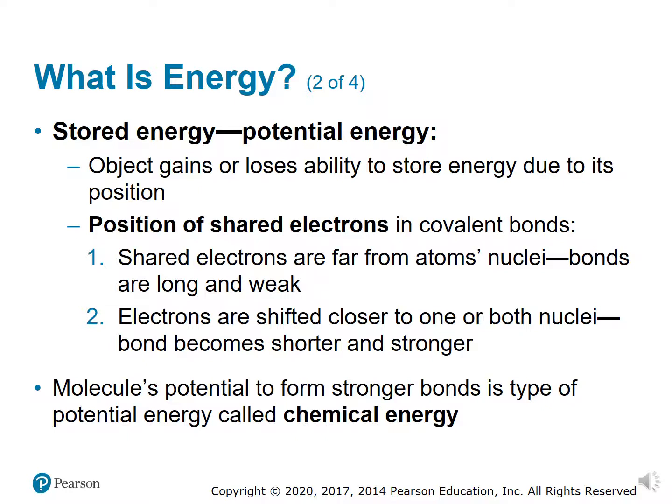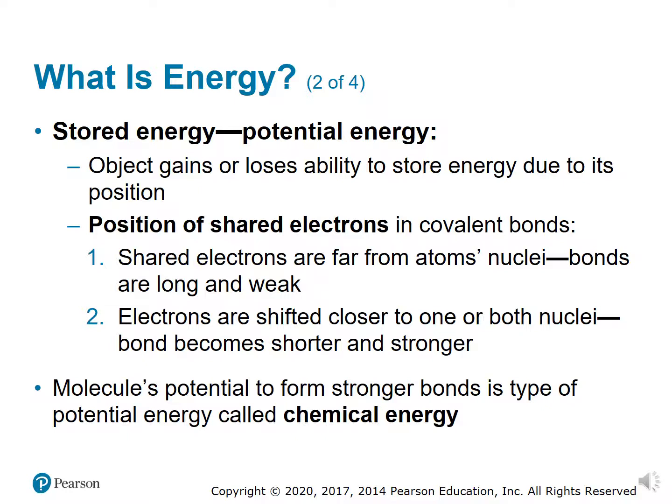Potential energy, objects gain or lose ability to store energy due to their position. For example, if I were to lift up my book and lift it above my head, it would be gaining potential energy, but the minute I drop it, it's going to lose its potential energy. We can also have potential energy in the bonds. In covalent bonds, the position of the shared electrons is a form of potential energy.